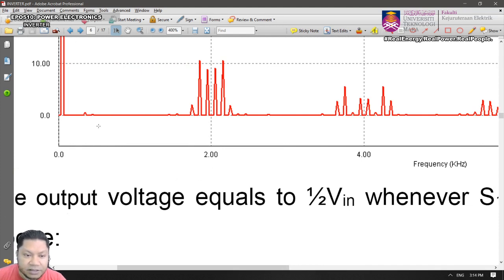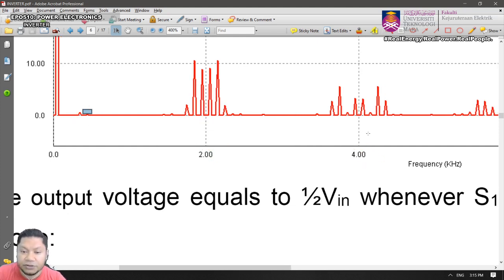Okay, you can ignore this. This is something else. Because you see that the next harmonics are actually centered around 2 kilohertz here. There is no component at exactly 2 kilohertz, but there are harmonics around the switching frequency and its multiples, isn't it? 2, 4, look at this.